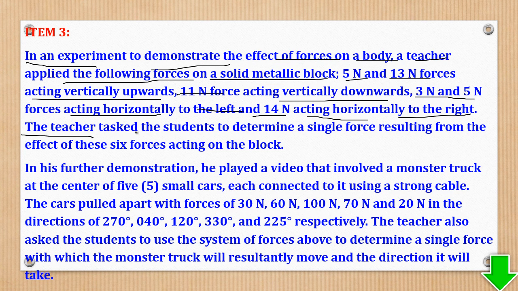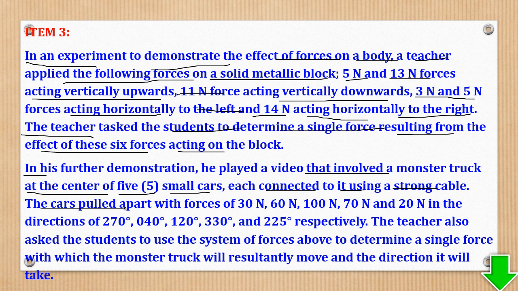The teacher tasked the students to determine a single force resulting from the effect of these 6 forces acting on the block. In his further demonstration, he played a video that involved a monster truck at the center of 5 small cars, each car connected to it using a strong cable.